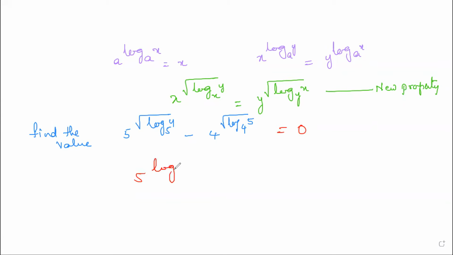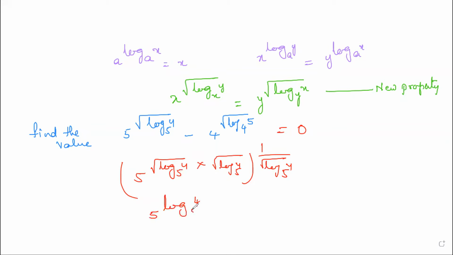Suppose I consider the left hand side, the first expression, under root log 4 to base 5. You can multiply and divide with the root of log 4 to base 5. So what happens inside the base? It's 5 raised to log 4 to base 5, whole power 1 over log 4 to base 5 under root.